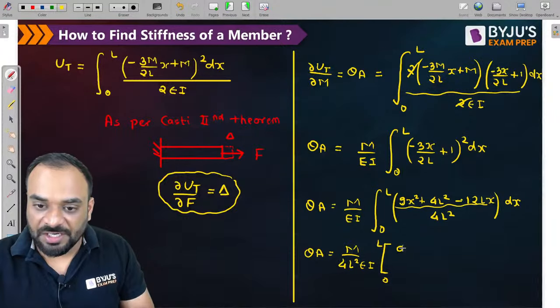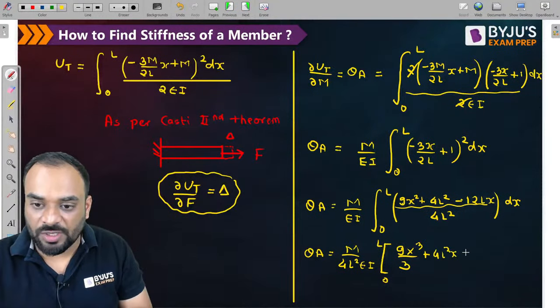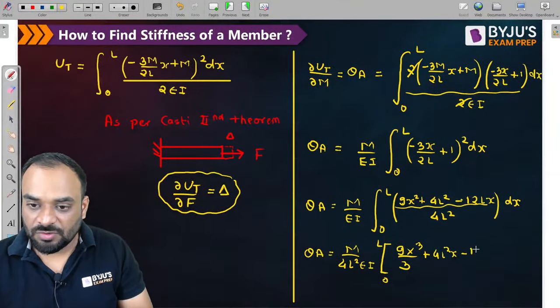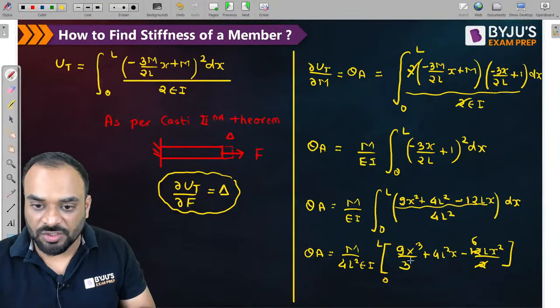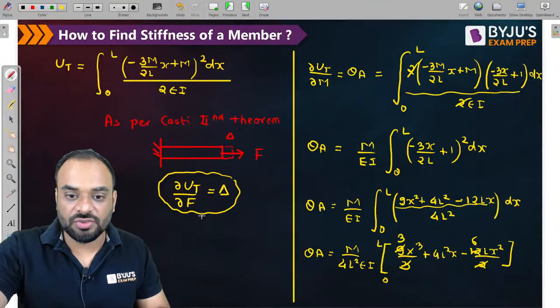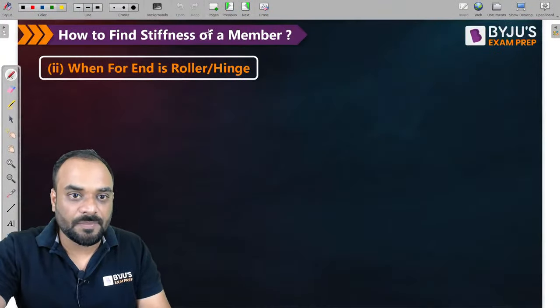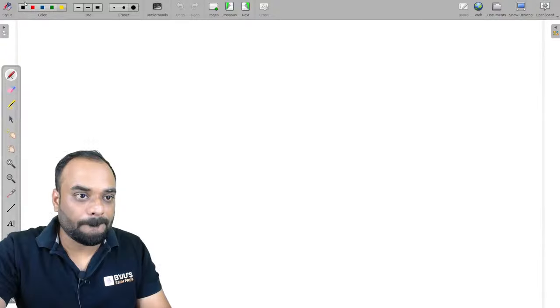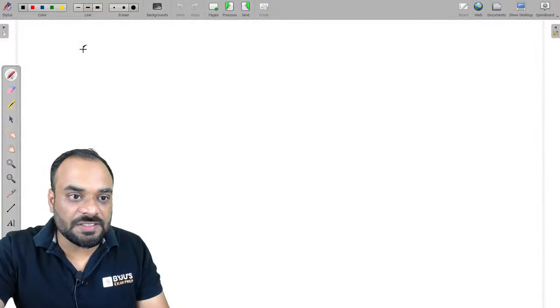So if you integrate it, what you will get exactly? 9x cube divided by 3 plus 4L square into x minus 12Lx square divided by 2, correct? Now cancel this, you will get 6. Okay, you can cancel this also, it will be 3. Now let's put the limit to get the value of theta A quickly. So theta A is equal to how much?